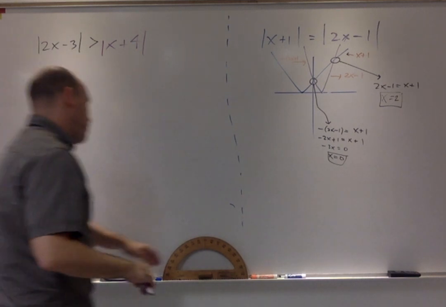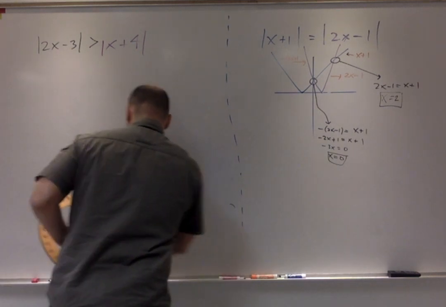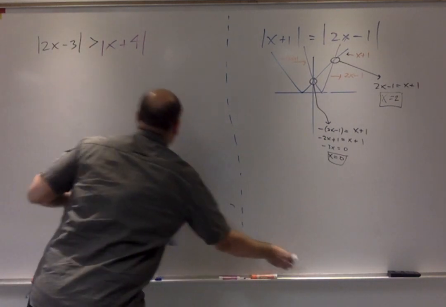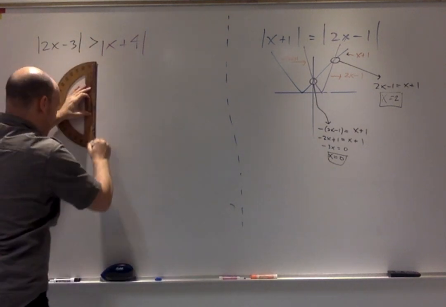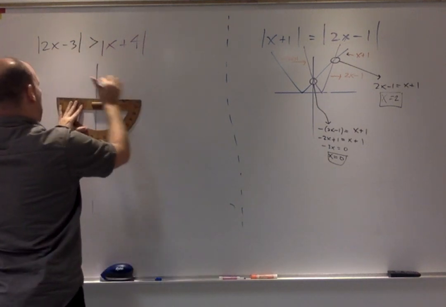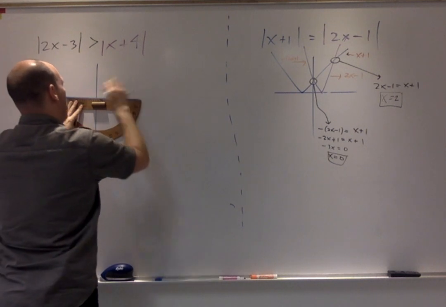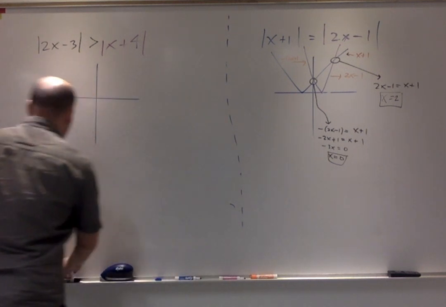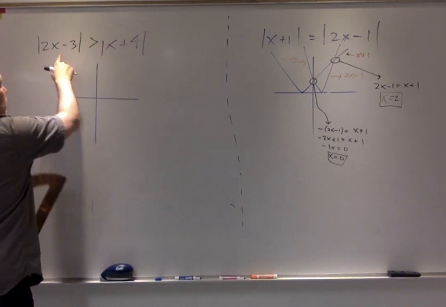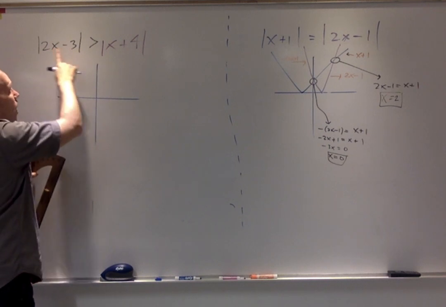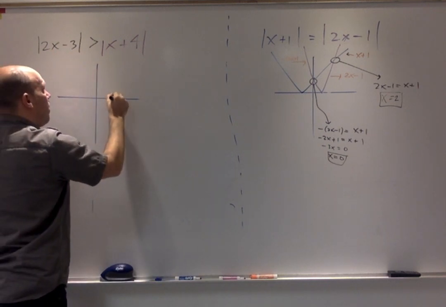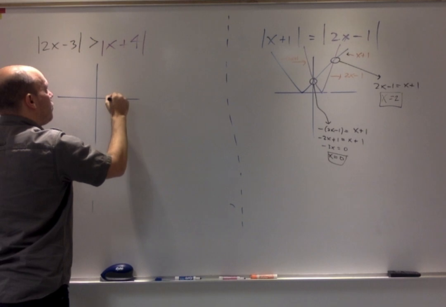So let's make my graph. First is the black graph. 2x minus 3. I know it's the absolute value. I know that it's 3 to the right. And I know it's kind of a little skinny.